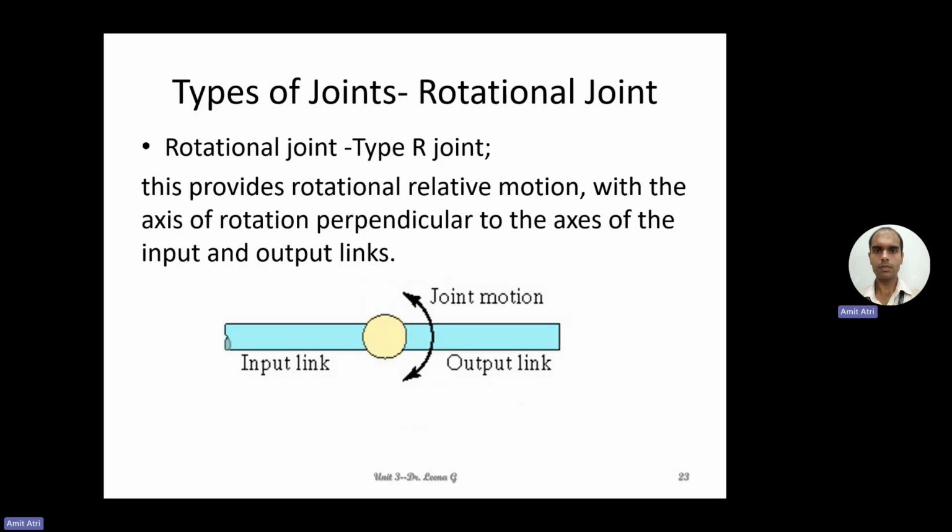Next is the rotational joint. This type of joint provides rotational relative motion, with the axis of rotation perpendicular to the axes of the input and output links. Both axes are perpendicular and we have a rotational motion in this type of joint.